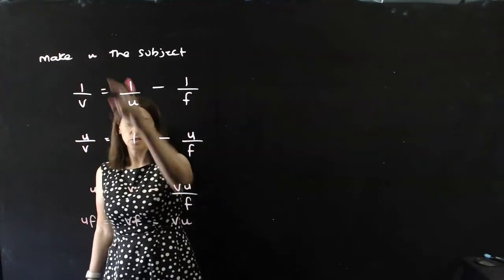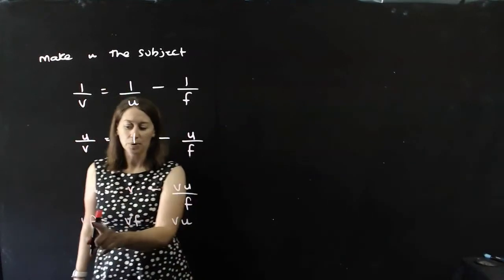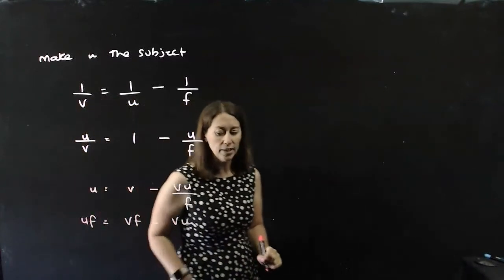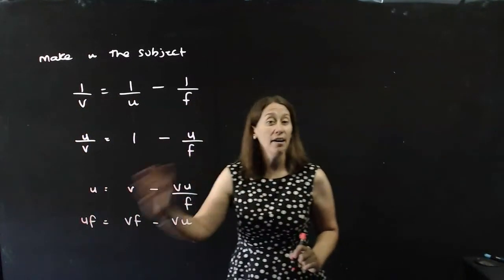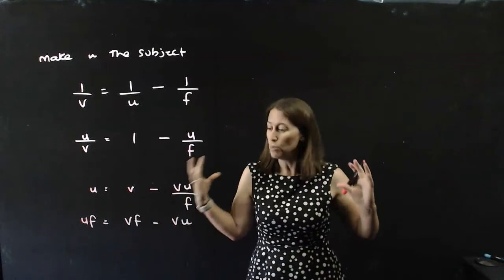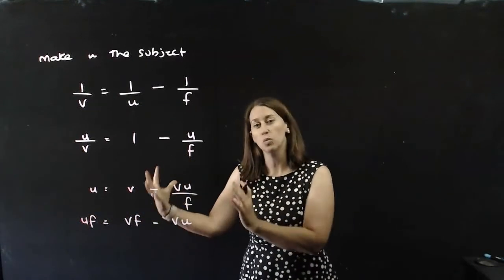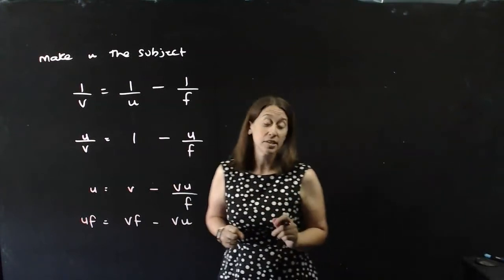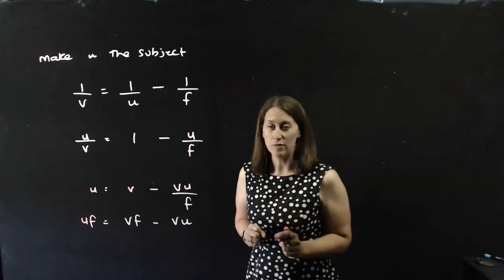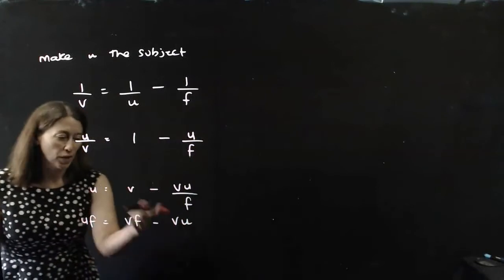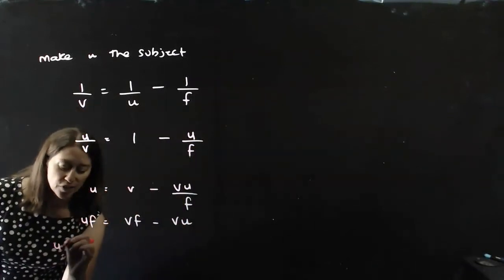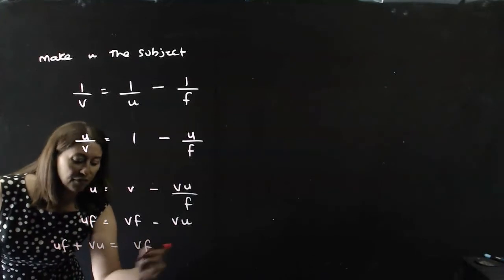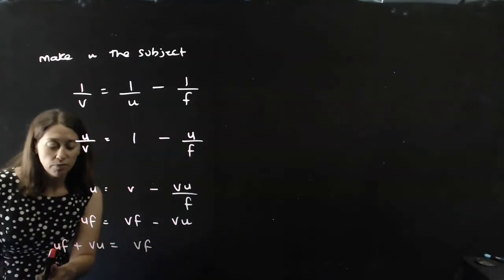Now I want to make u the subject, but u is in 2 places. When you come across something like that, the best thing to do is to move everything together. So I'm going to move the uf and the vu onto one side, and they are not like terms, but there's another skill that we can use to isolate the u. I'm going to add vu to both sides. So I get uf plus vu equals vf. Now, this is called factorizing.